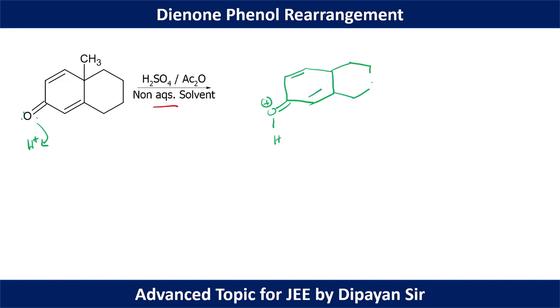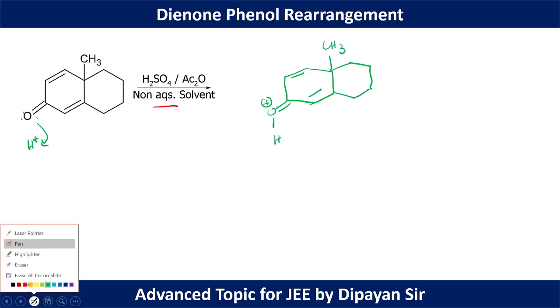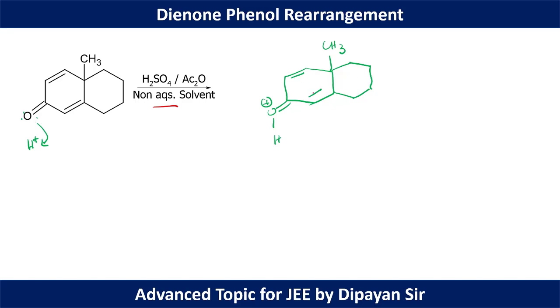Again, this is not stabilized because we have a positive charge over oxygen. Now, this pi bond will shift and we can have this intermediate.